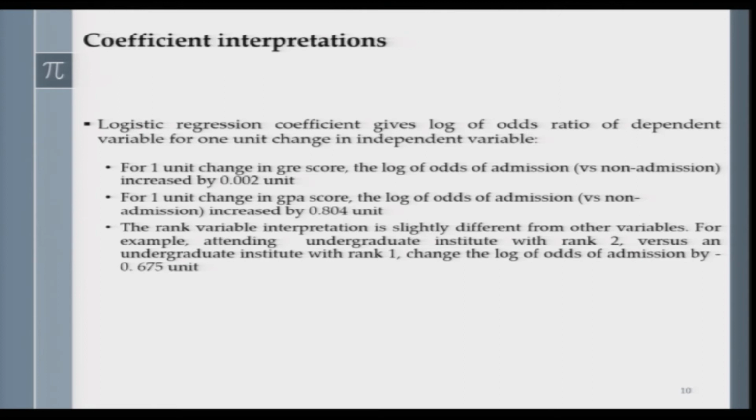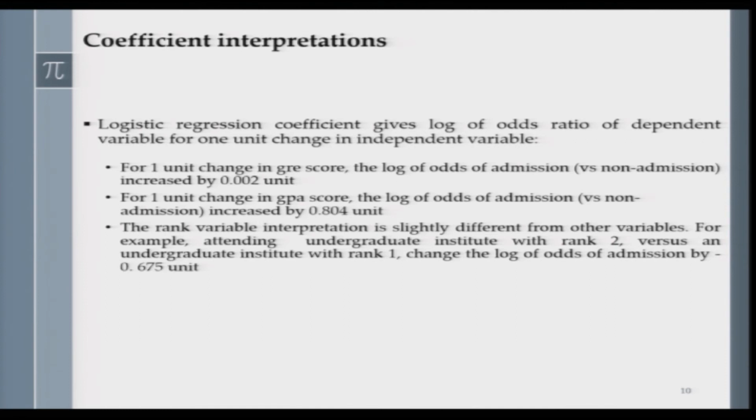What does that mean? That means attending an undergraduate institute with rank 2 versus an undergraduate institution of rank 1 changes the log of odds ratio of admission by minus 0.675 units.